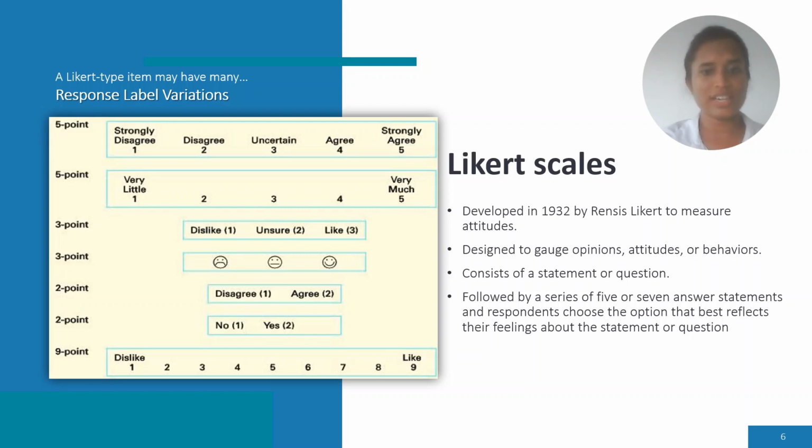It consists of a statement or question, with a series of 5 to 7 answers, and respondents can choose the options that better fit their feelings. That is very briefly what the Likert scale is. So next, let's move to the next slide.